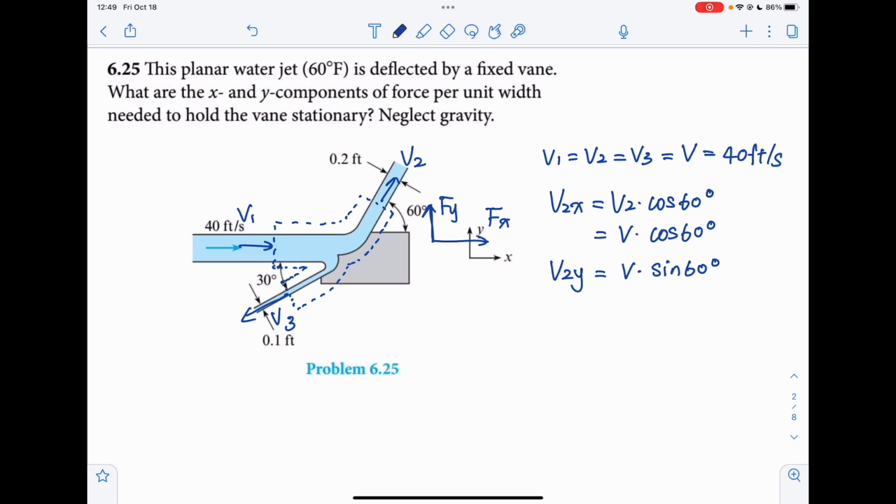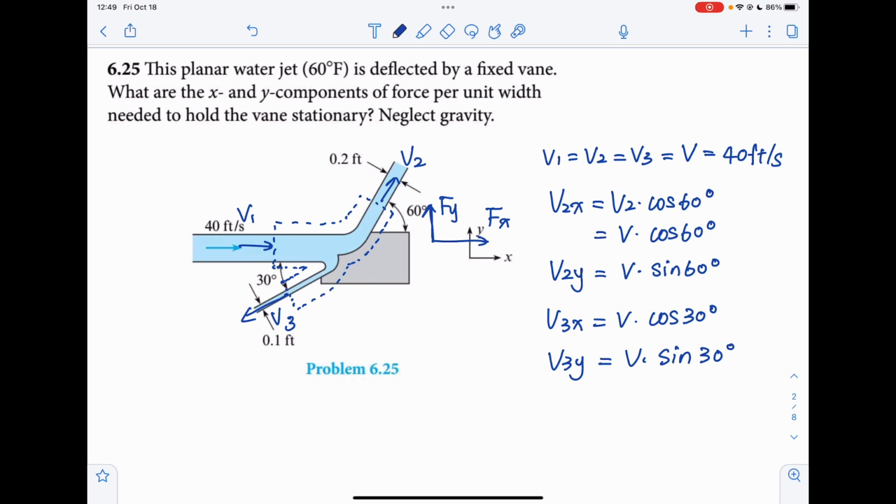Similarly, we can find V3x equals V times cosine 30 degrees, and V3y equals V times sine 60 degrees.